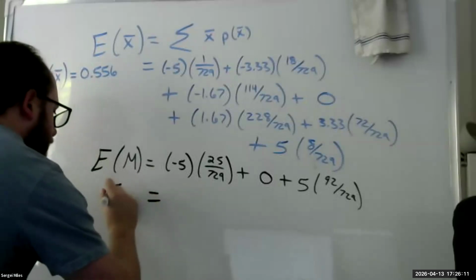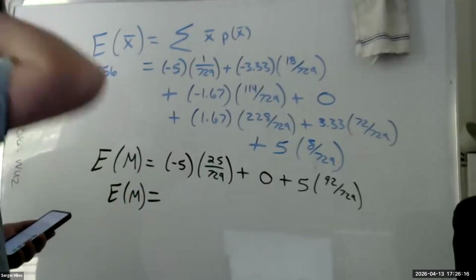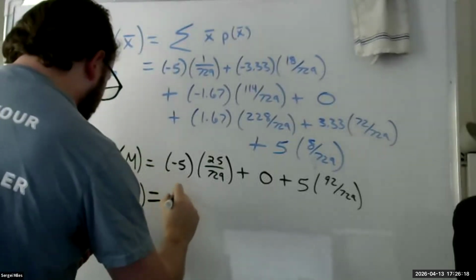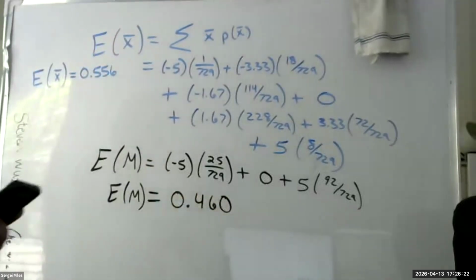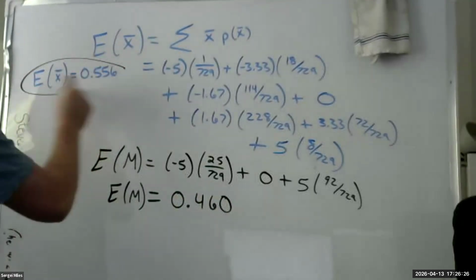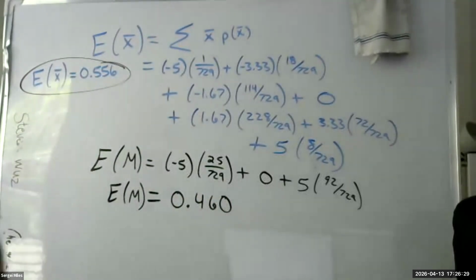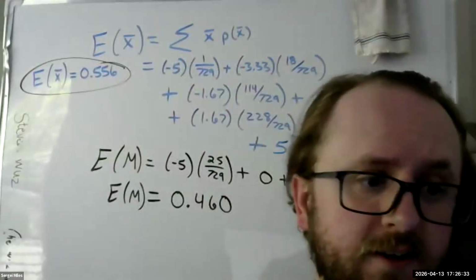So the expectation of the median sampling distribution gives us an expectation of 0.460. The population average is supposed to be 0.54, which means X bar has done the better job. X bar is closer to what we're trying to find.